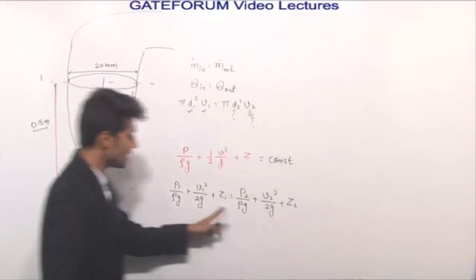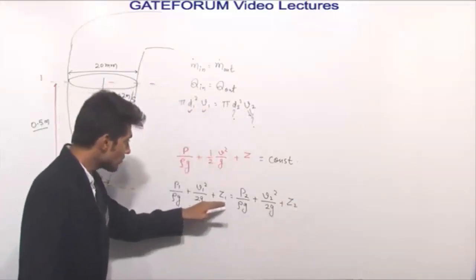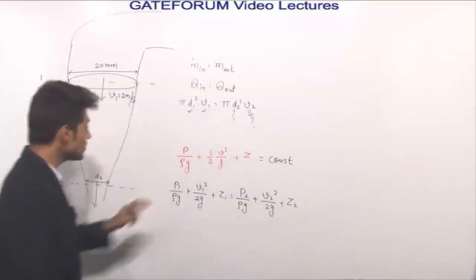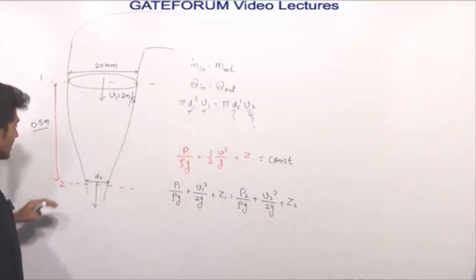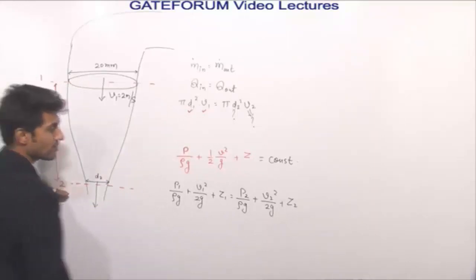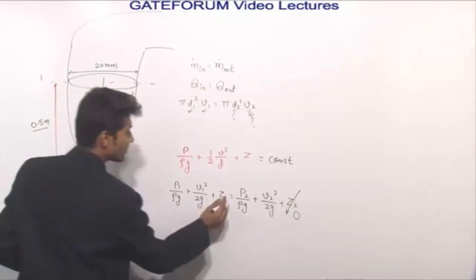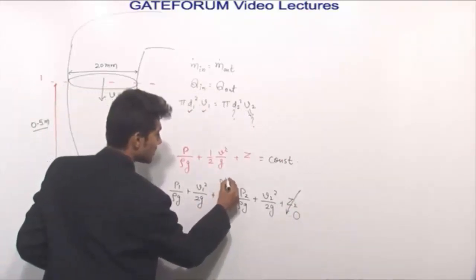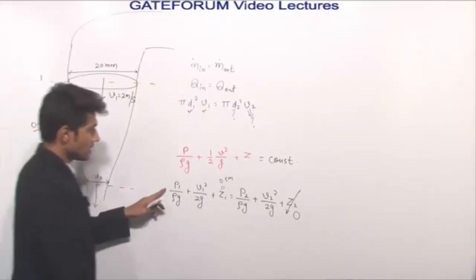Now for Z, it is the potential height. So for Z1 and Z2 we need to make any one point as reference. Let us assume point 2 is my reference. That means the Z2 value will be equal to 0 and Z1 will become 0.5 meter, positive because it is upwards.